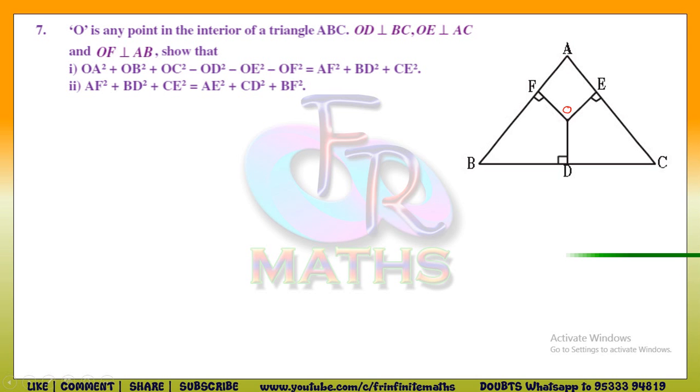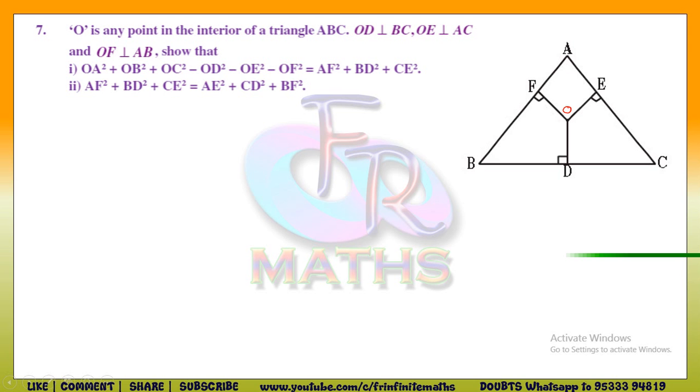Then we need to show that OA square plus OB square plus OC square minus OD square minus OE square minus OF square is equal to AF square plus BD square plus CE square. And the same way we need to prove that AF square plus BD square plus CE square is equal to AE square plus CD square plus BF square. So these two things we need to prove here, right?